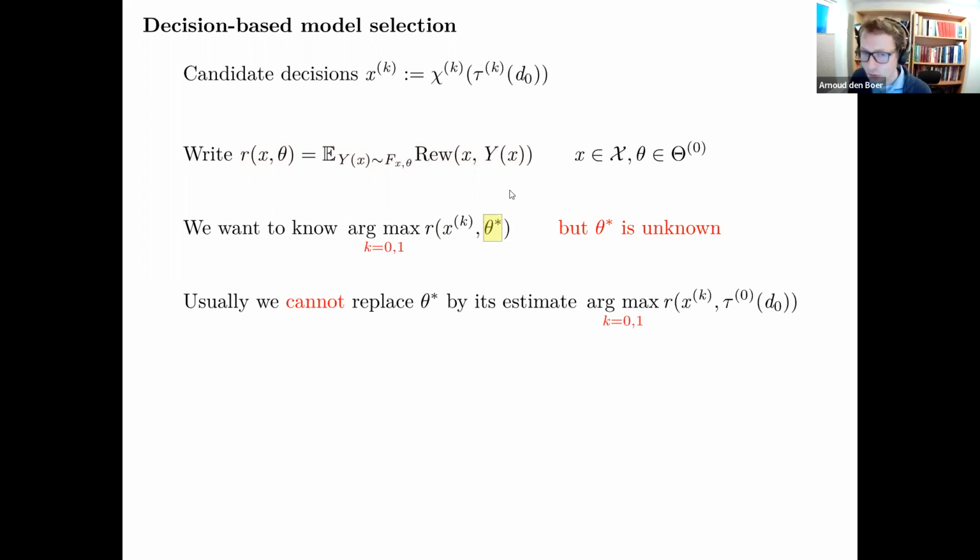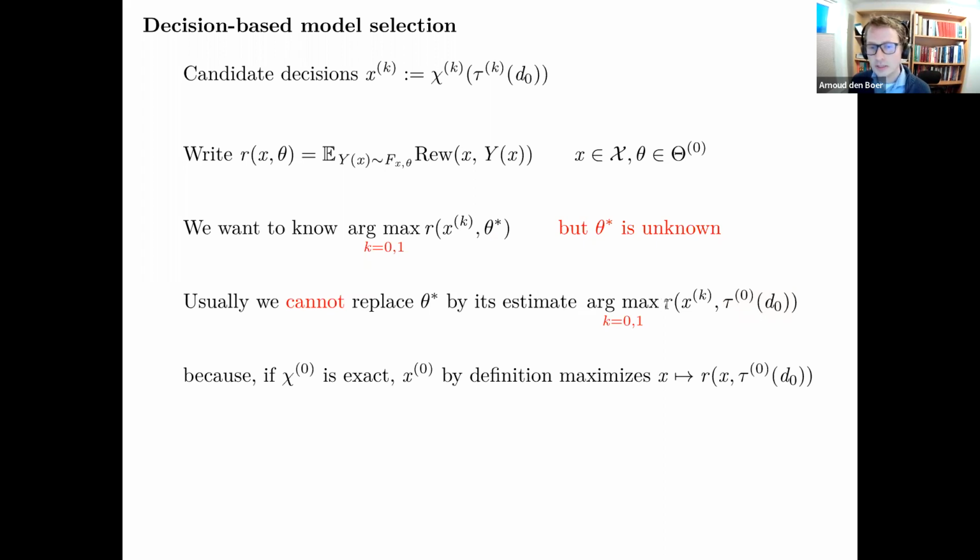Now, usually what you do when you want to estimate something, you replace what is unknown by an estimate. So you can say, well, I don't know this, so I replace theta star by my estimate, say, under the zero model or under the simplified model. This, of course, doesn't work, and you probably already know why.